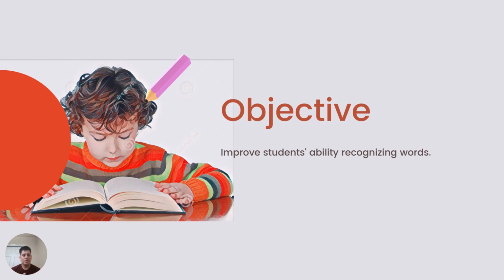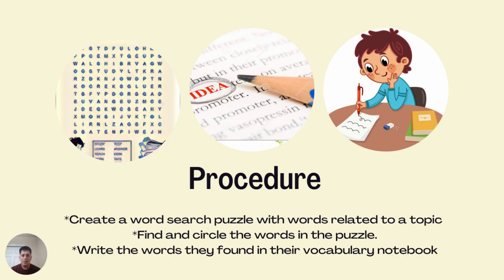The objective of this task is to improve the students' ability to recognize words and pronounce these words. So how do we do this? I will show it in the next slide.